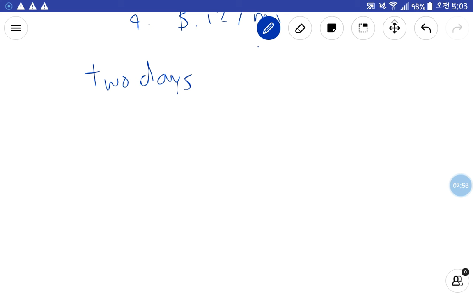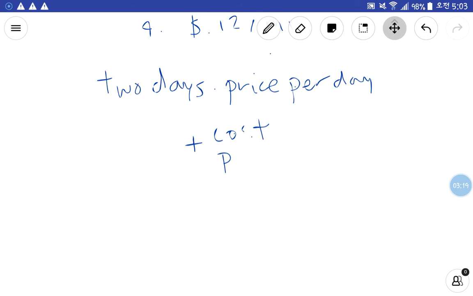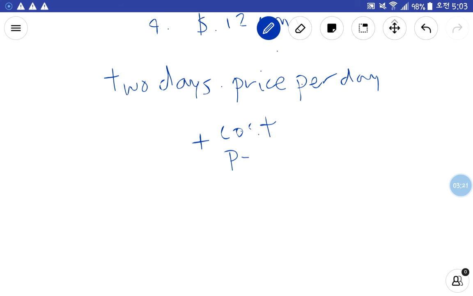So 2 days times price per day, and then you have to add the cost per mile times the number of miles.